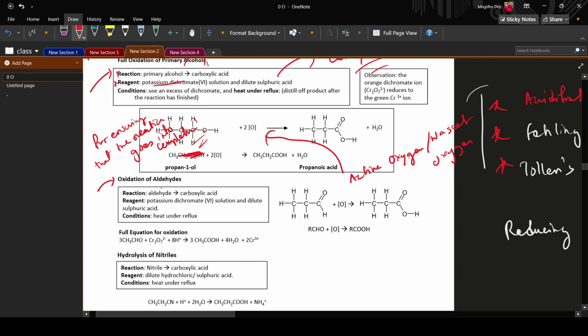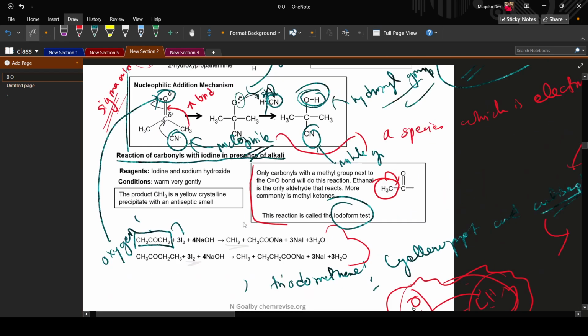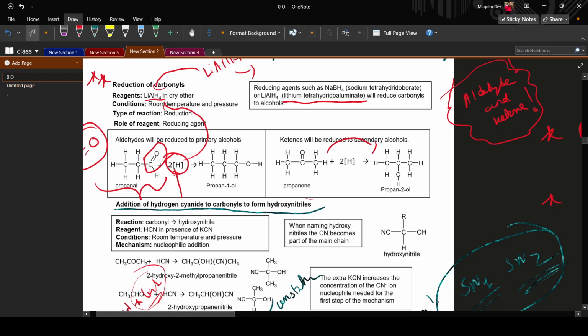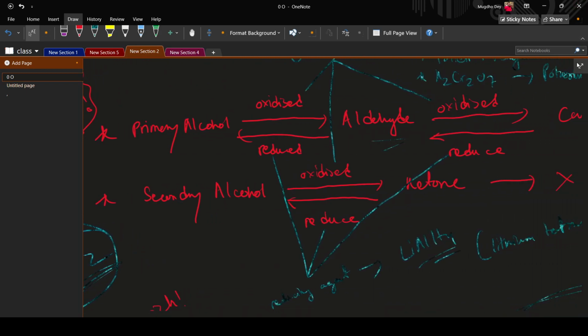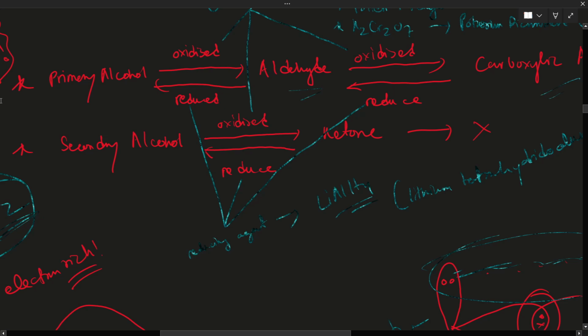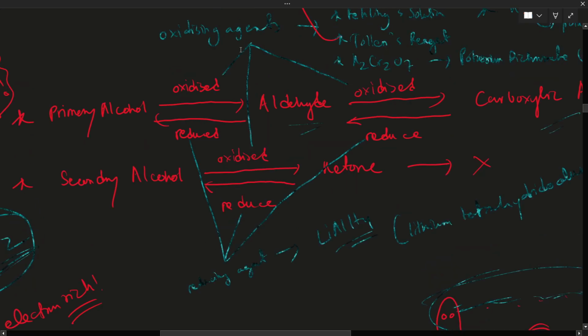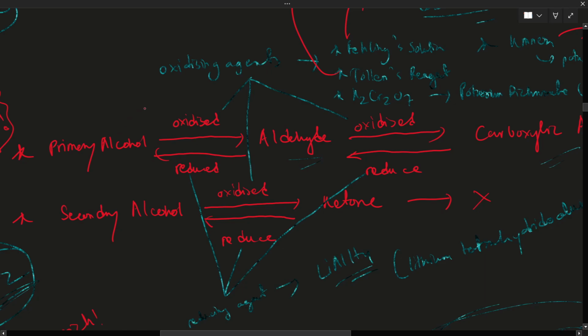That day in the last class I showed you this part. So you can directly oxidize primary alcohol to carboxylic acid, or you can go from primary alcohol to aldehyde, then from aldehyde to carboxylic acid.